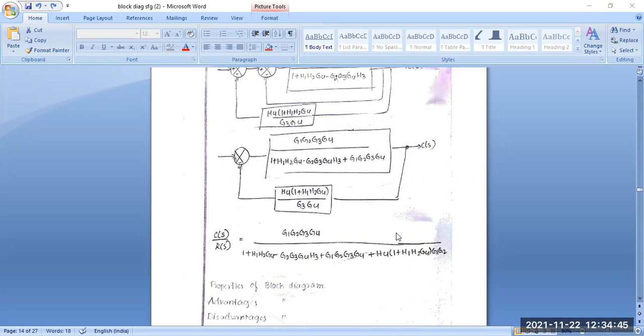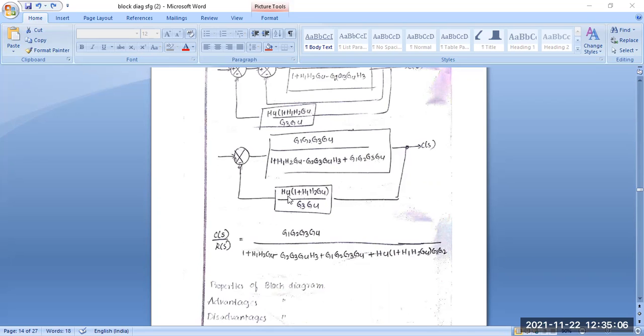The complete equation is coming, that is C(s) by R(s), output by input, that is G1, G2, G3, G4 by 1 plus H1, H2, G4 minus G2, G3, G4, H3 plus G1, G2, G3, G4 plus this feedback path.